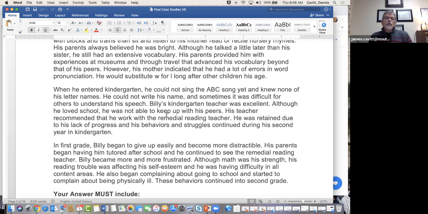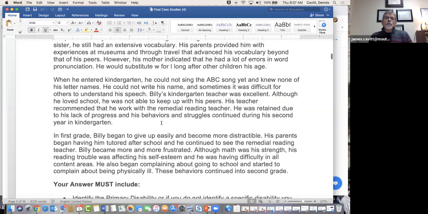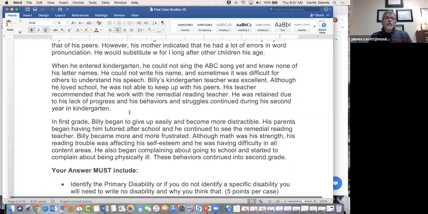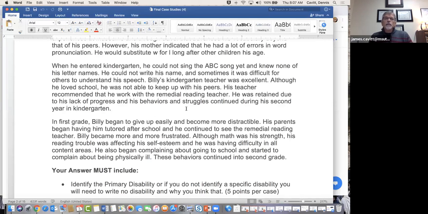He entered kindergarten. He was not able to repeat or sing the ABC song yet, and he knew none of his letter names specifically. He could not write his name, and sometimes it was difficult for others to understand his speech. Billy's kindergarten teacher was excellent. Although he loved school, he was not able to keep up with his peers, therefore, he was retained.